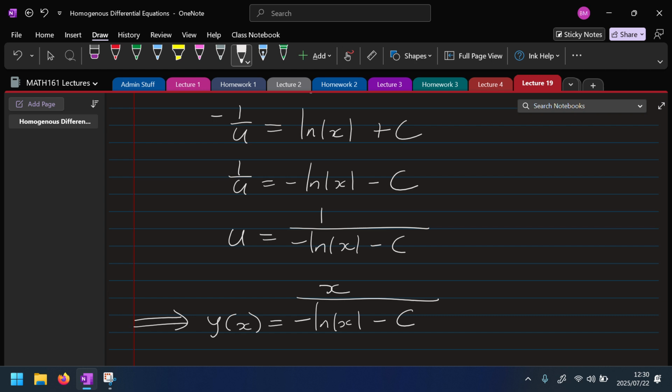Okay, and again, it's a first order differential equation. So we're going to have one unknown somewhere there. If this was second order, you would have 2 unknowns. Now, if some initial condition was given or some boundary value was given, then you could solve for c. But since nothing like that was given, we leave it as a general solution.